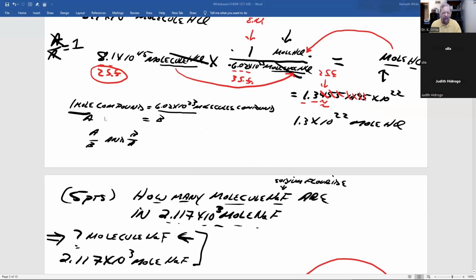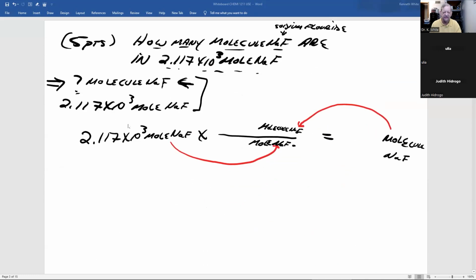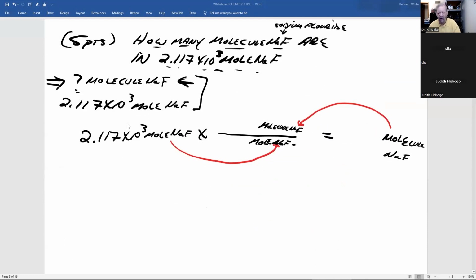Remember, 1 mole of a compound equals Avogadro's number of that compound. This part you don't have to write, but I'm showing you: you have A equal B, and you can have 2 ratios, A over B and B over A. From this, I know 1 mole of a compound equals Avogadro's number.